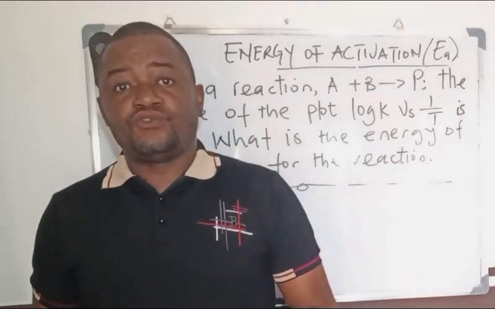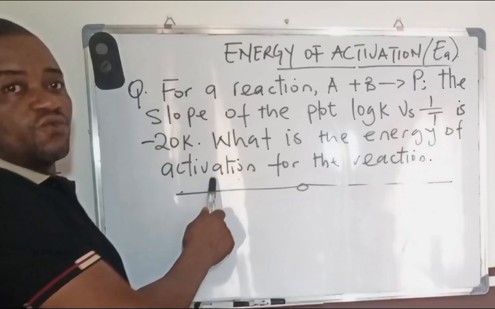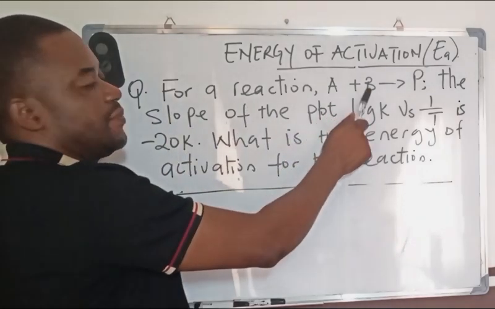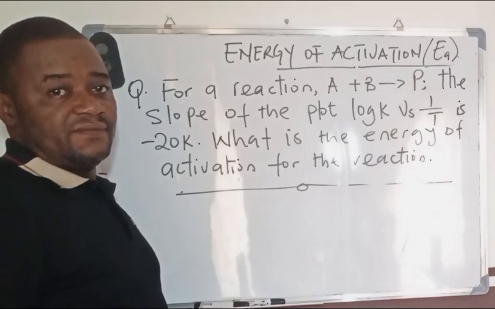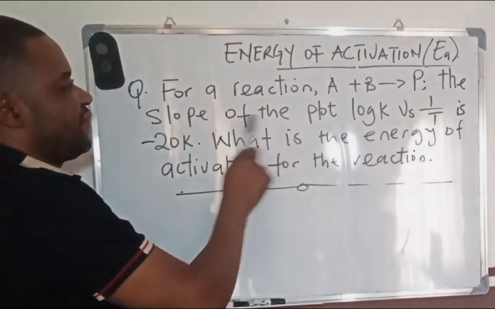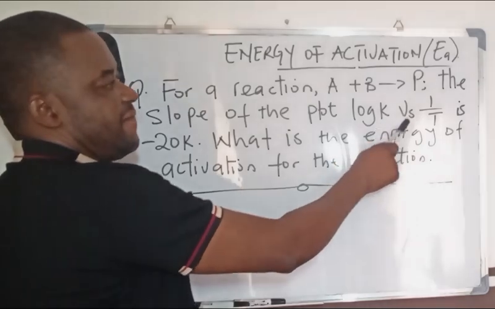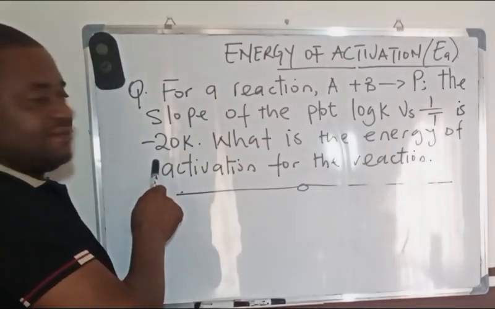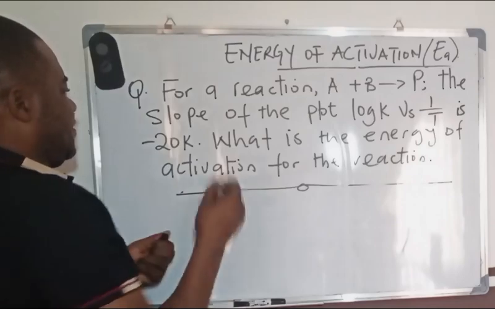Now, if that is true, then how do we answer this question that says for a reaction A plus B to give us a P, which of course is product, the slope of the plot log K versus 1 over T is minus 20 kilojoule.